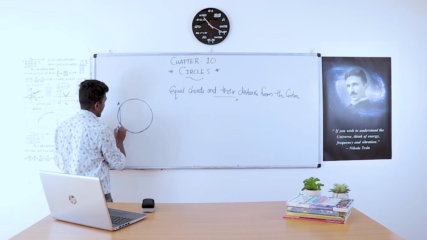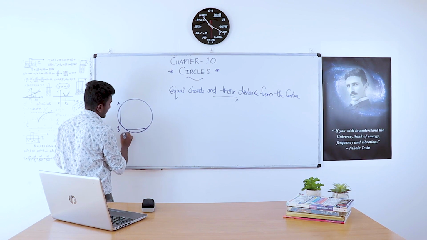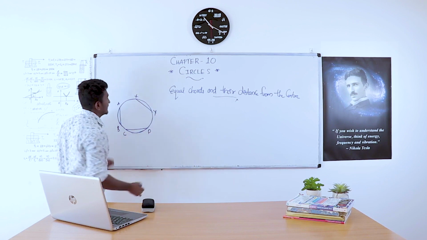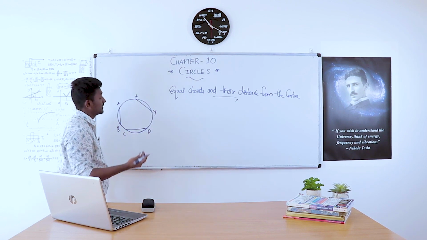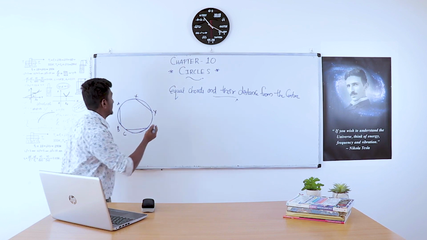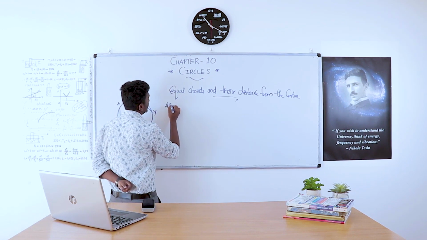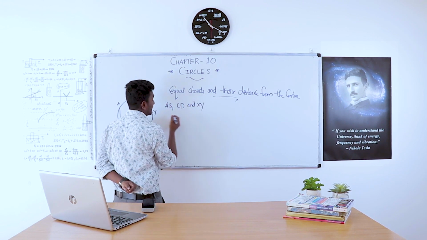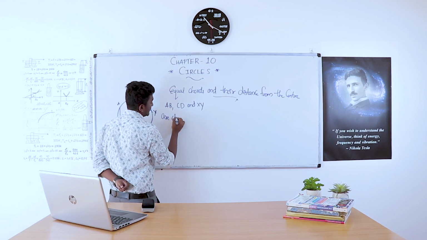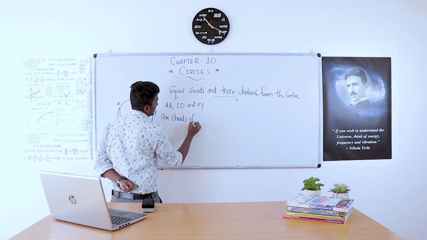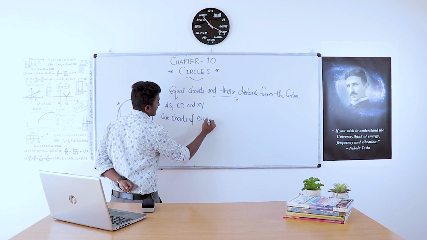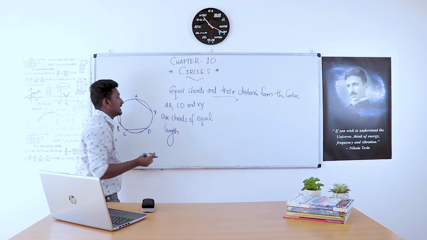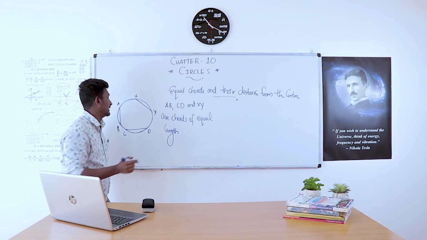This is AB, and this is CD, and this is XY. These three are chords of equal length. Let them be considered of equal length. That means AB, CD and XY are chords of equal length.